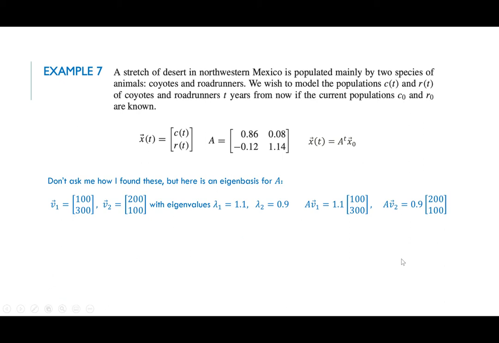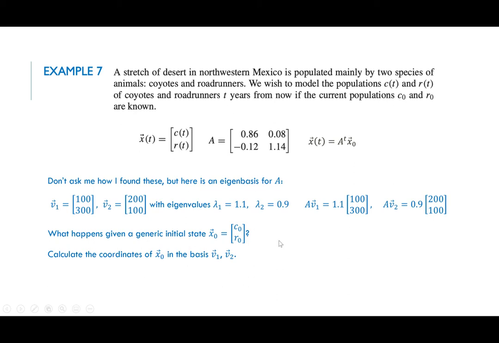Okay, so we know what's happening if we start on an eigenvector: we get these closed formulas. But what if we have just some generic starting state? This is what we're after: a closed formula for the state vector at time t, given some arbitrary initial condition.